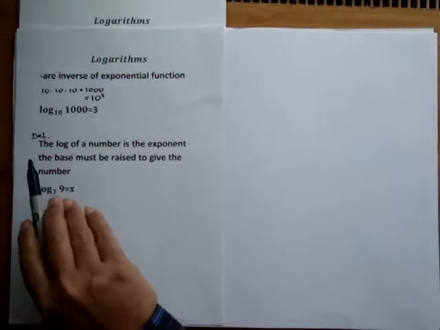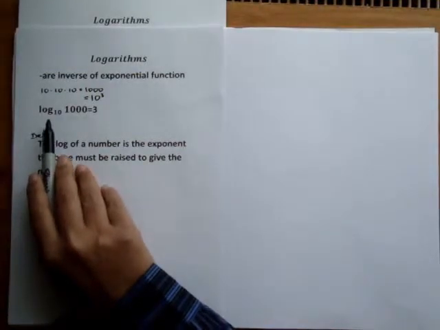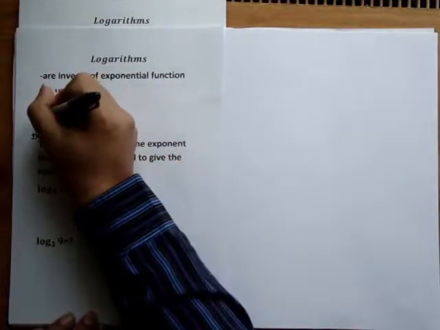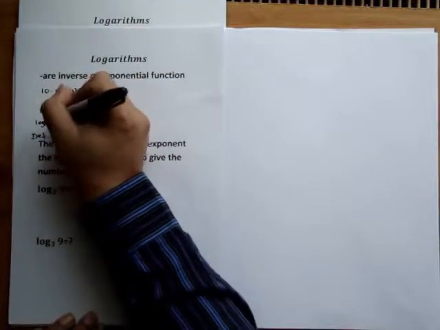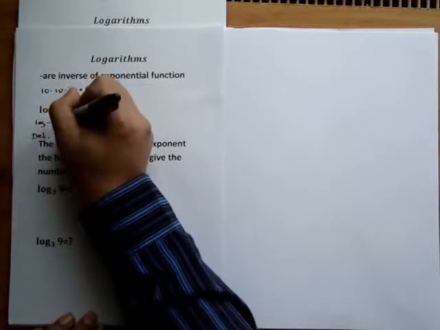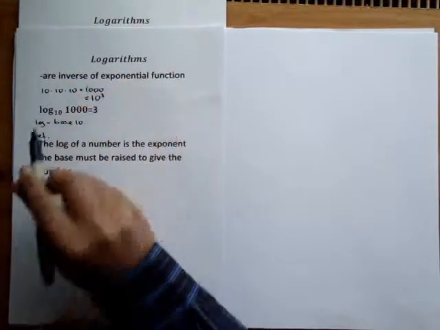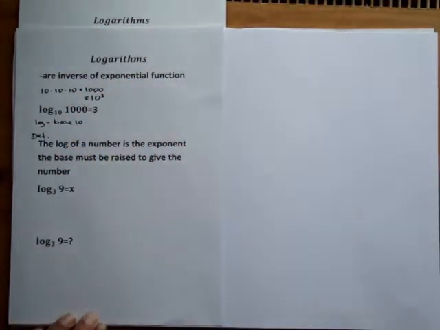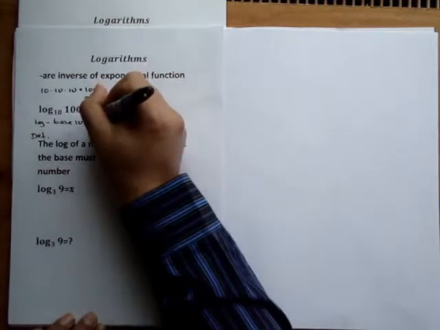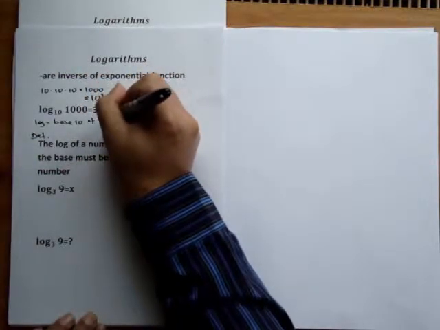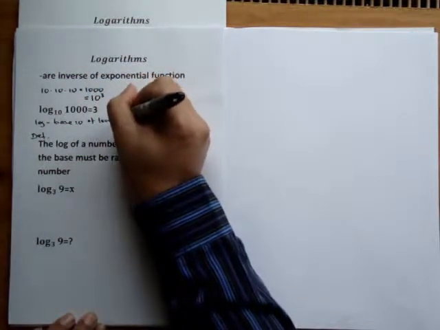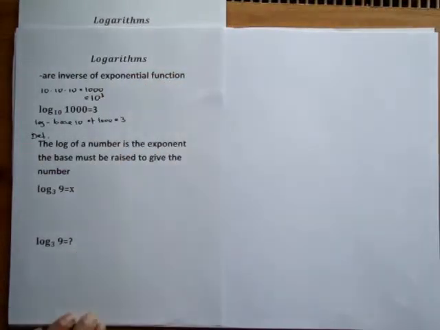In the logarithmic form, we say the log base 10, so this is the base, log base 10 of 1,000 equals 3.